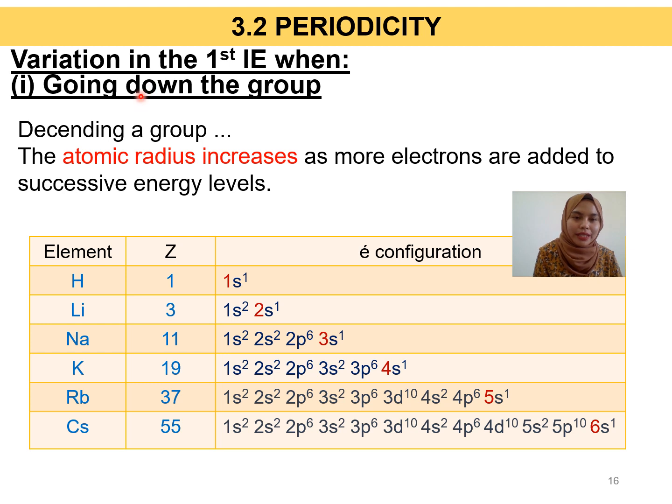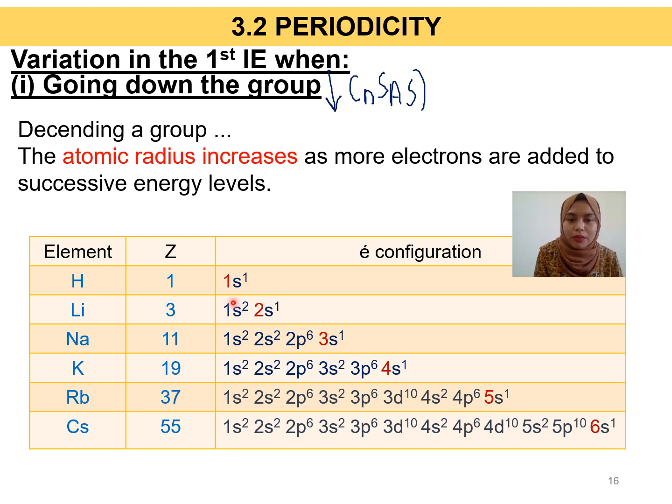Next, I am going to discuss the variation in the first ionization energy when going down the group in the periodic table of elements. When going down the group, remember the acronym, okay. What is it? When you go down the group, you add electrons to the next energy levels. So if this is group 1, going down the group, the electrons will be added at the next successive energy levels.